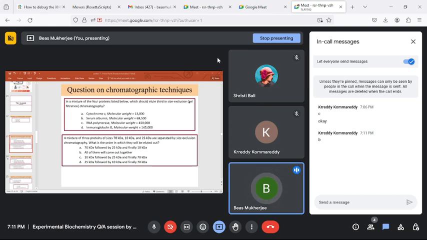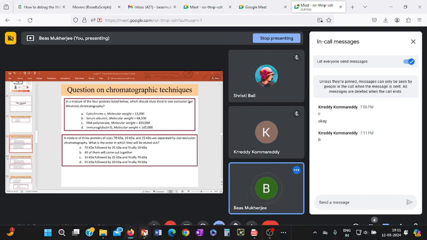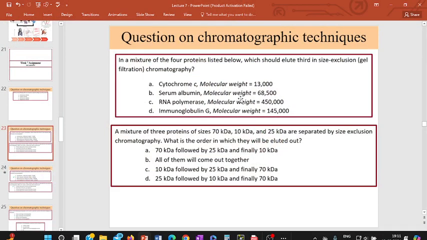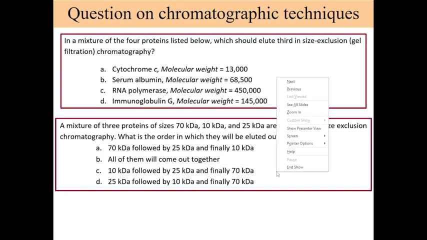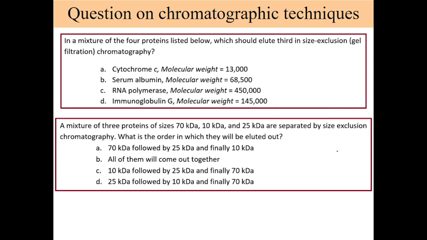Yes, you're very correct, because for a size exclusion chromatography, you know that the biggest one elutes first, and then the medium one, and then the smallest one.